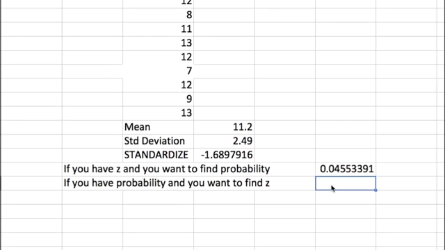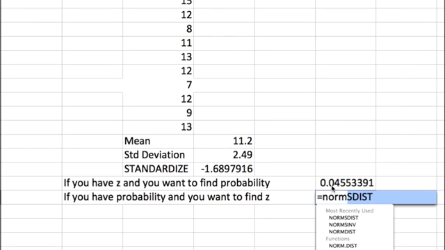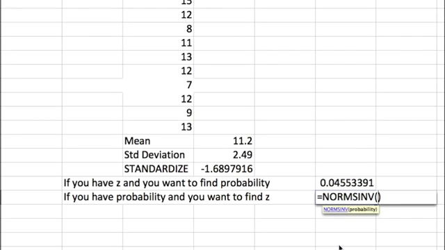And the last thing would be the inverse of that. If you were looking to solve a problem where you had a probability percentage and you wanted to understand what z-score corresponded to that, you would use the inverse function, which in this case would equal NORMSINV, which stands for the inverse.